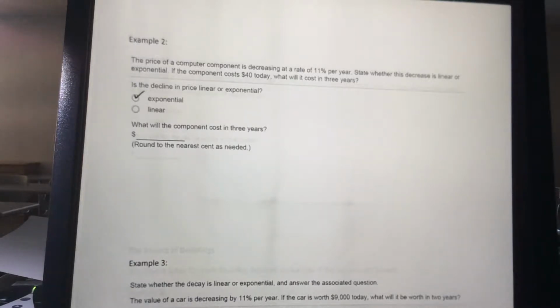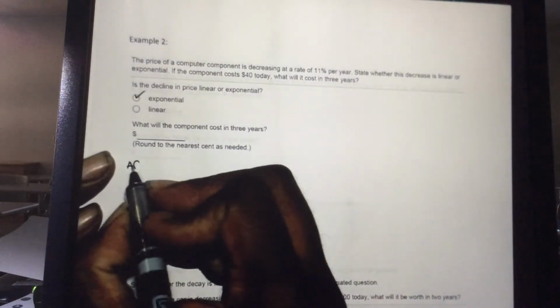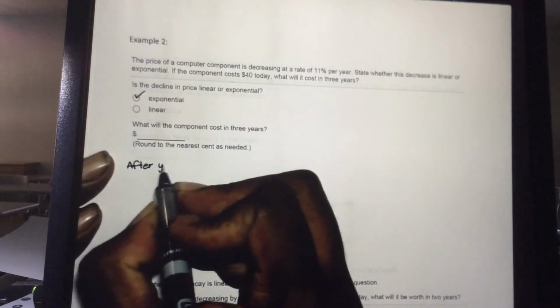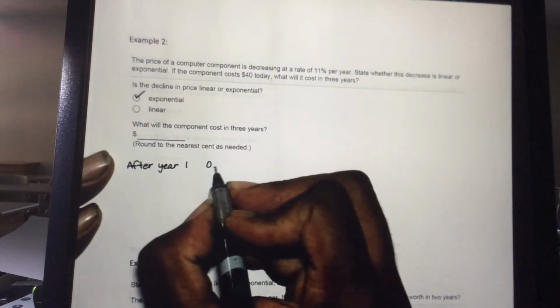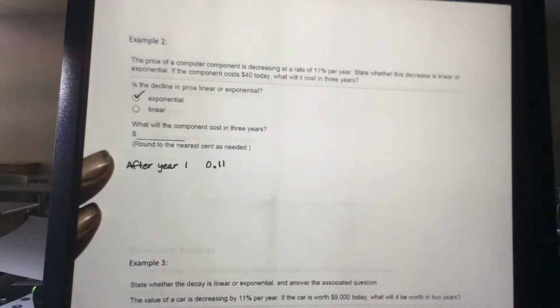So now, what will the computer component cost in 3 years if it costs $40 today? Let's say after year 1, 11% as a decimal will be 0.11.